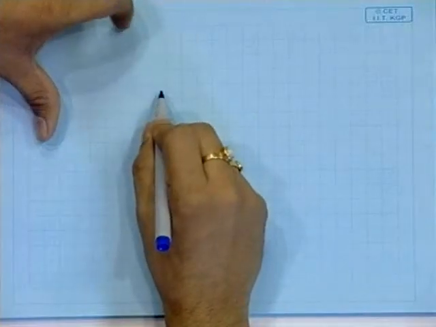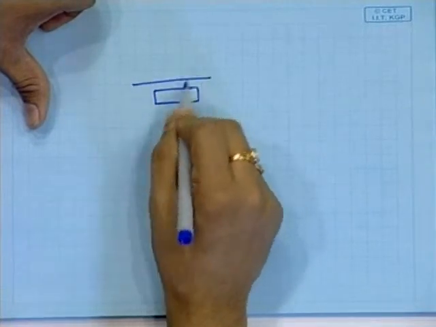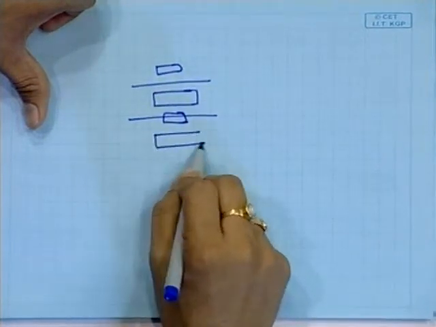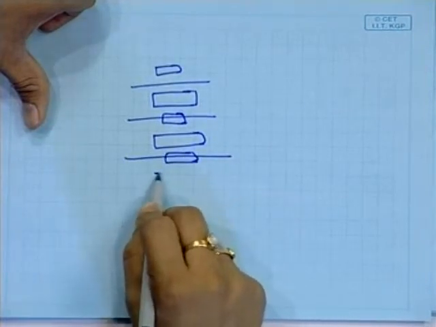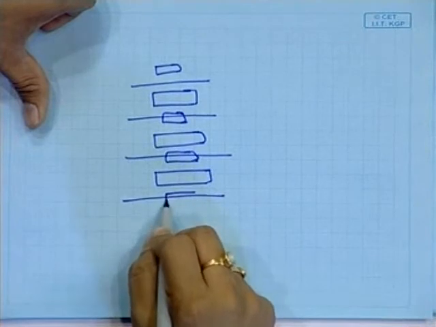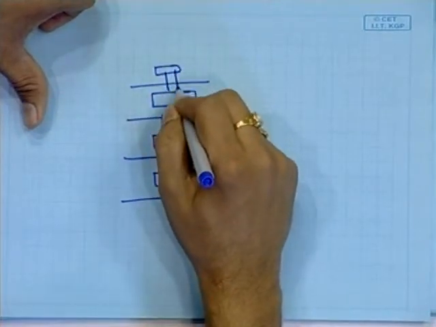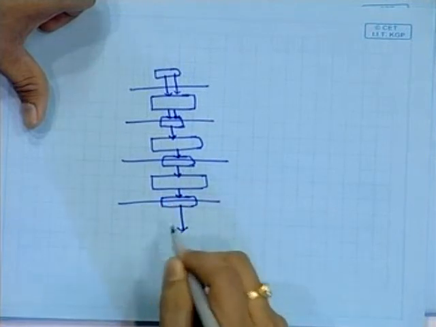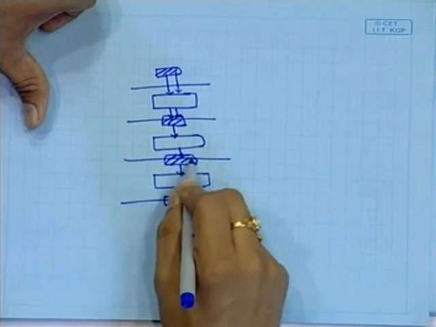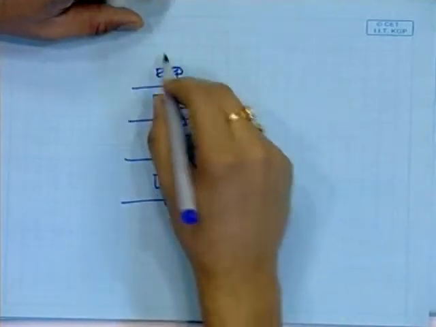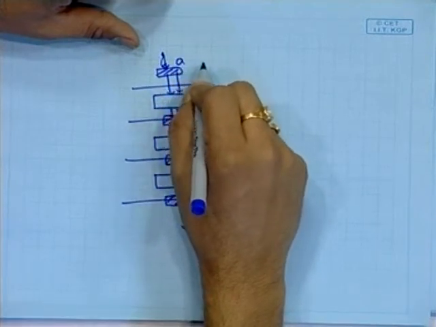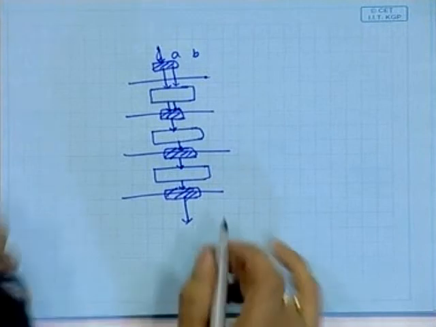So first let's explain the basic logic of pipelining. Suppose this is your function unit.